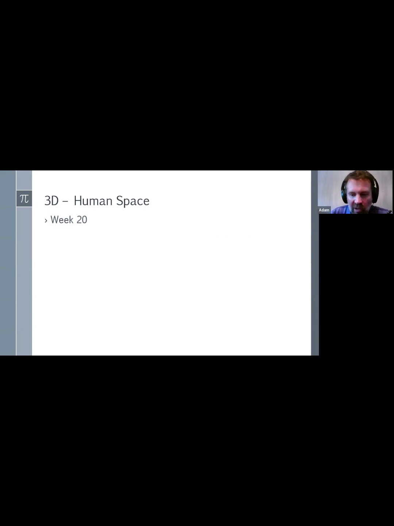Now in week 20, we'll look at some solid shapes. We'll look at the terminology of solid shapes, like the face and the edge, which is different. In two dimensions, you'll look at a square and you'll see the sides, maybe the vertexes, maybe the angles of the diagonal.